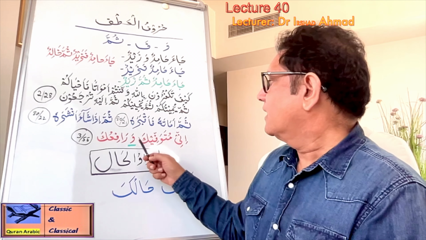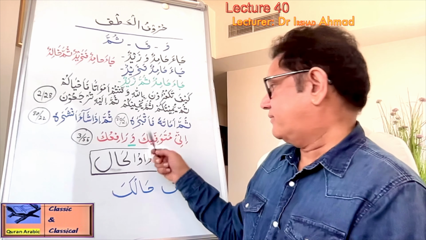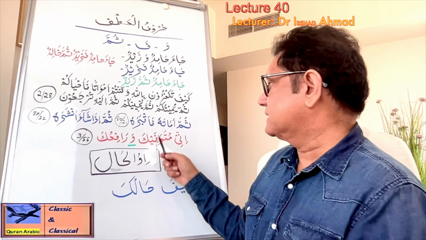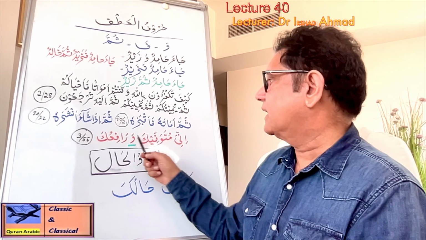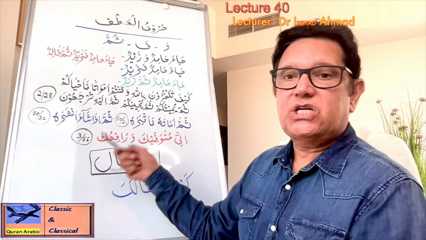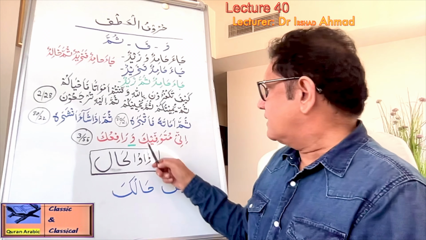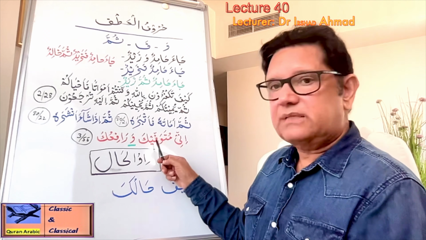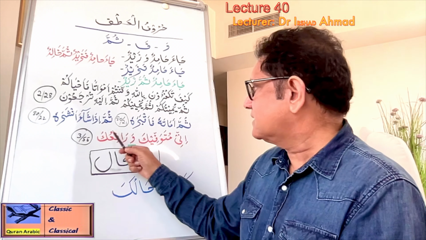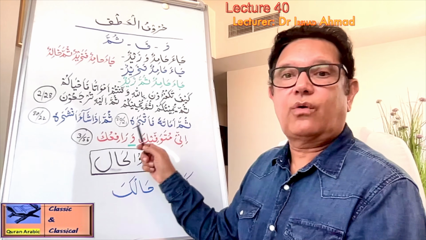So he died. Wa rafeoka. If the meaning is taken that way, that I'm going to make you die and then raise you. But then the next word is ilayya, towards me. So even if we take this meaning, this may have happened first here, because waw does not give order.